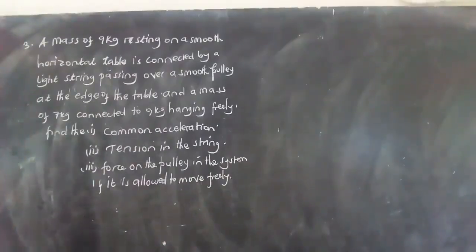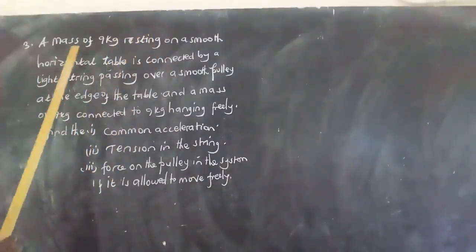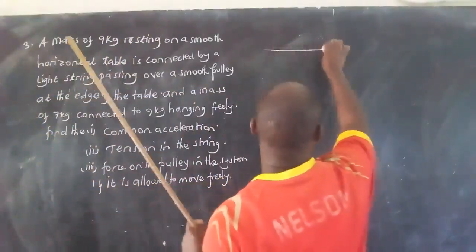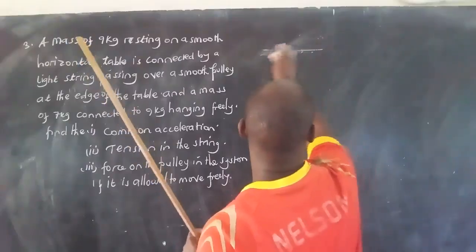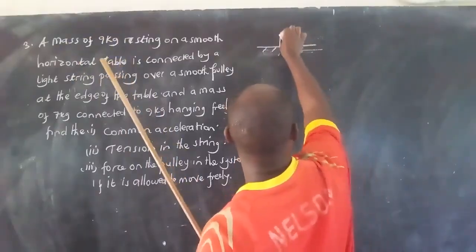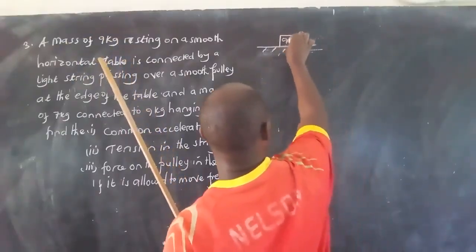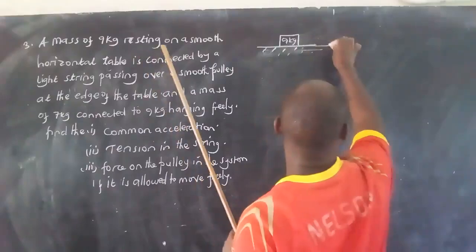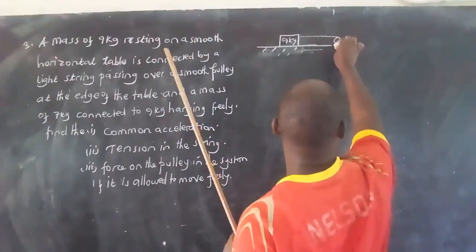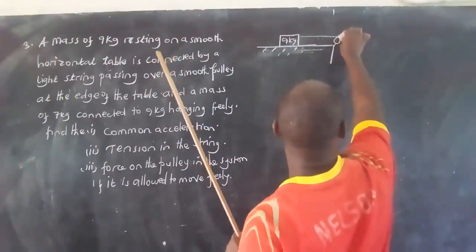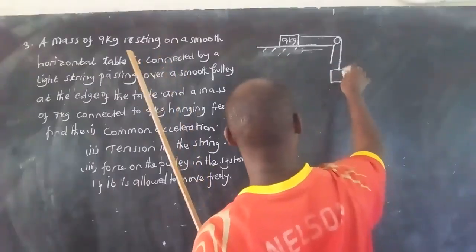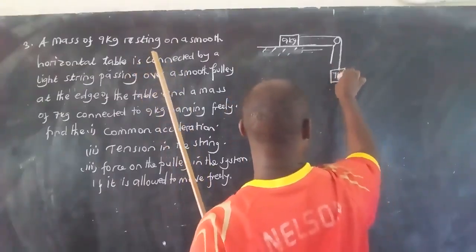So we have this. We are saying that a mass of 9 kilograms is resting on a smooth table. So this is a smooth table, and the mass here is 9 kilogram, and then it is connected to another one this side, which is 7 kilogram hanging freely.